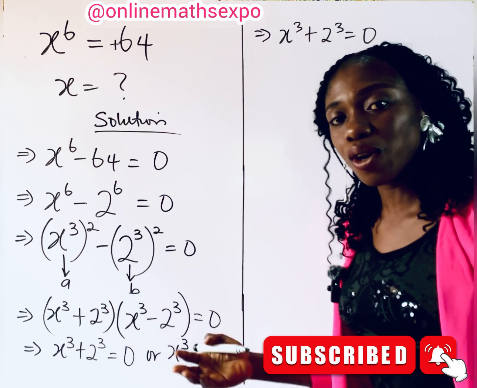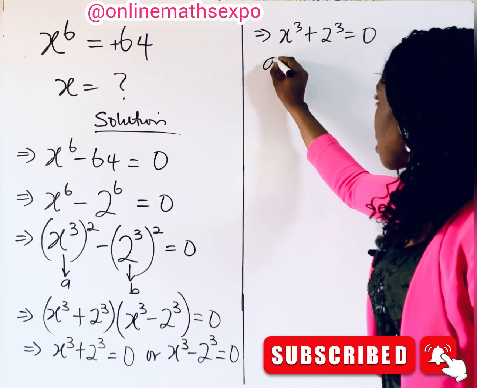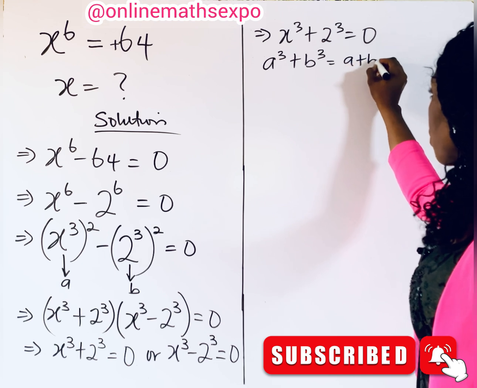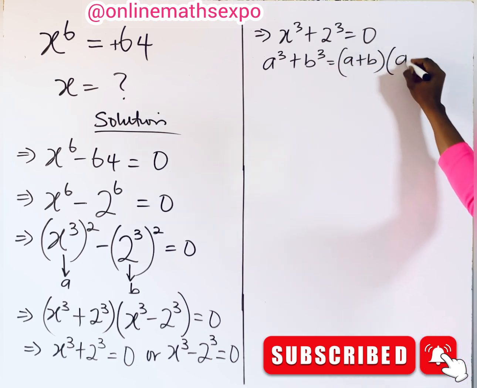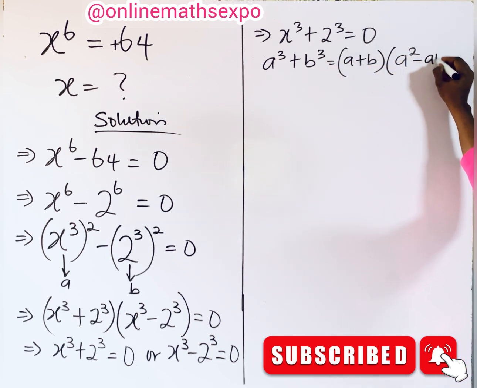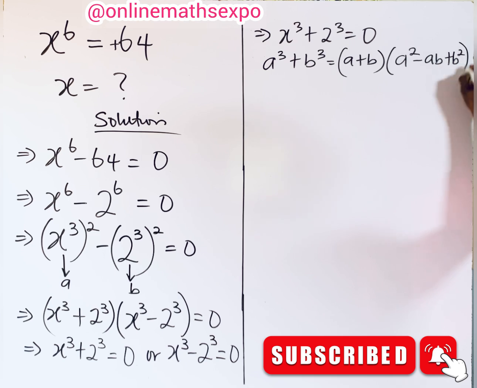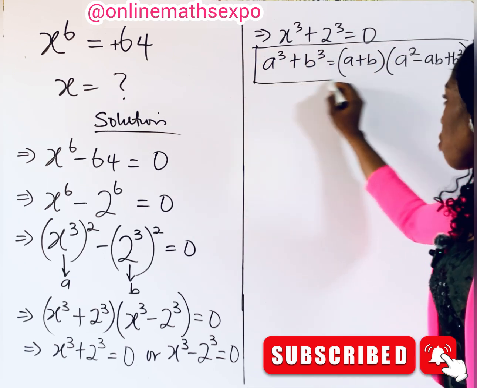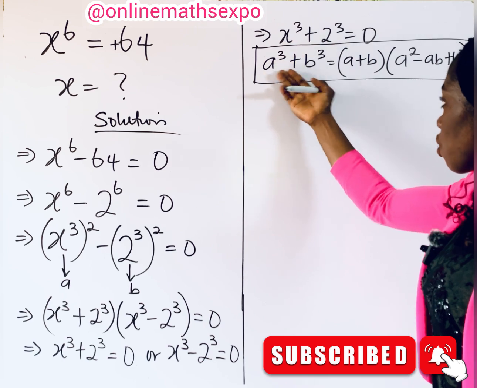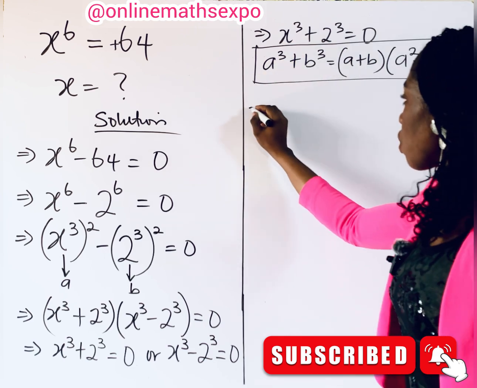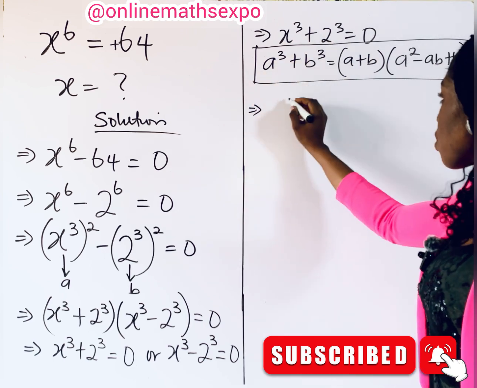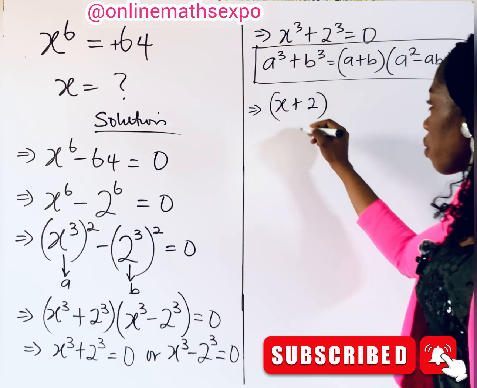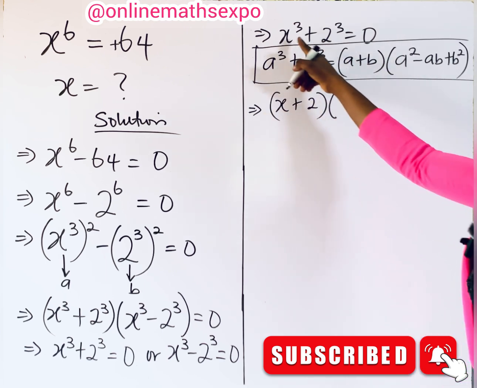Now, remember your sum of 2 cubes formula, which says a cubed plus b cubed is equal to a plus b into a squared minus ab plus b squared. This formula is going to be of help to us because you observe carefully that this is of this form. So in that case, this gives us x plus 2, I hope you are with me there, into our a, remember, is x.